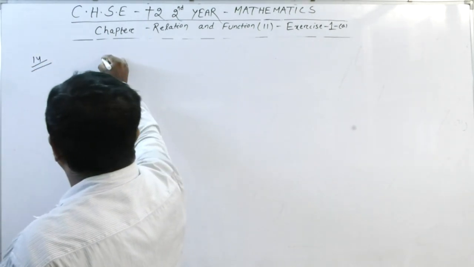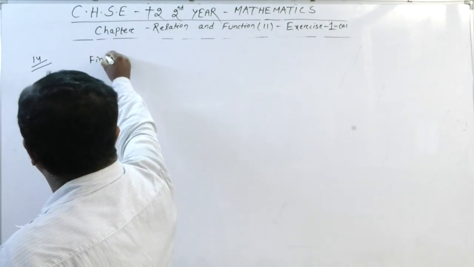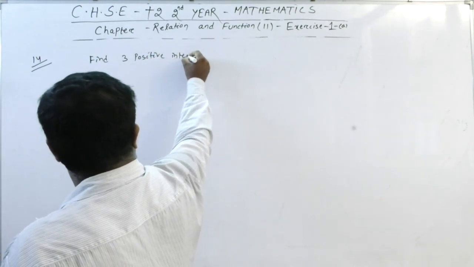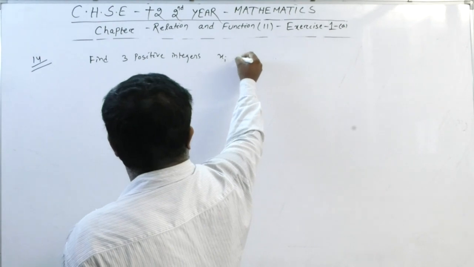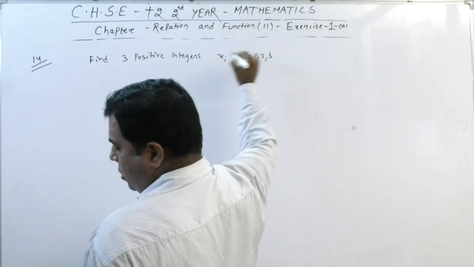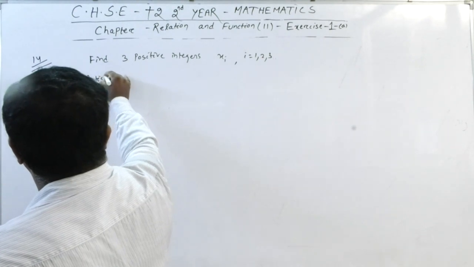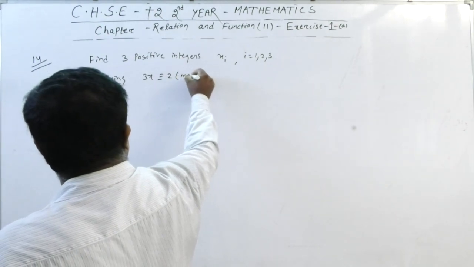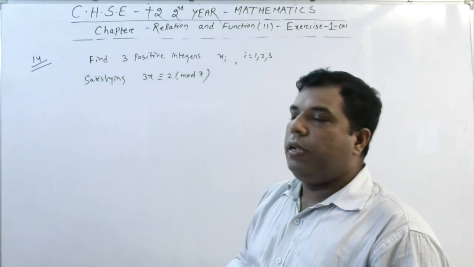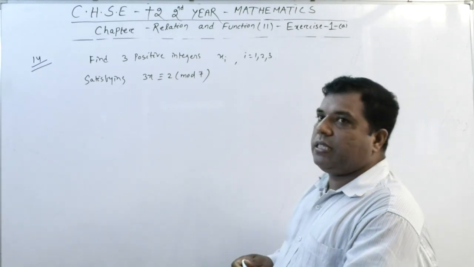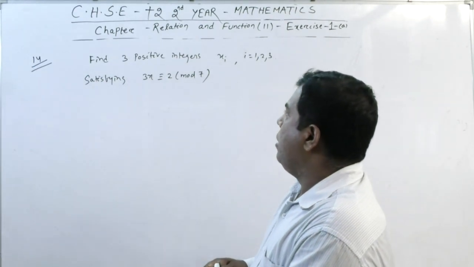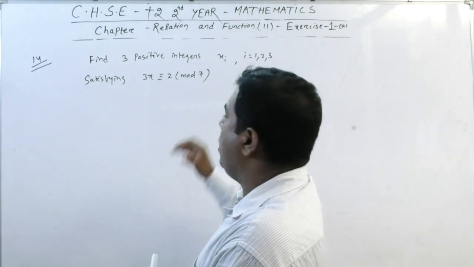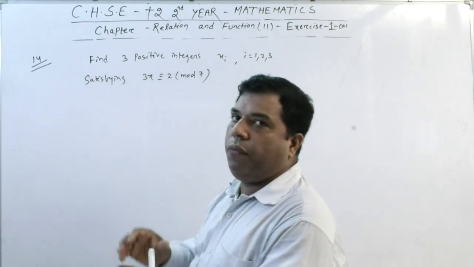The question is: find 3 positive integers satisfying 3x is congruent to 2 modulo 7. So how to get the solution? You should see that this type of solution is possible. To get the solution we have to divide by a suitable number. We have to find the value of x.